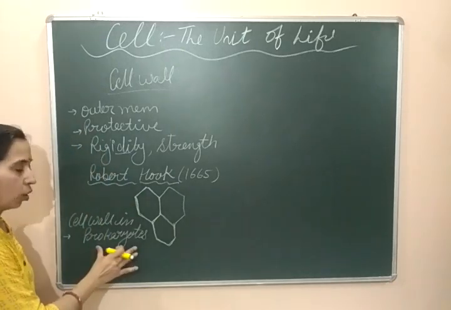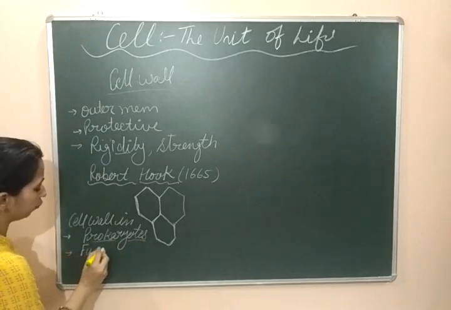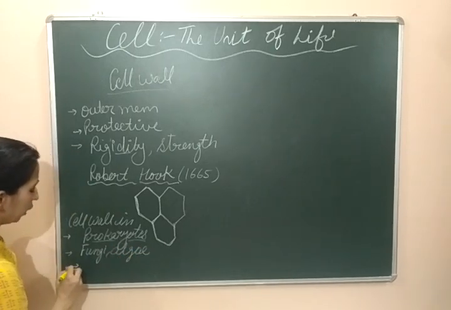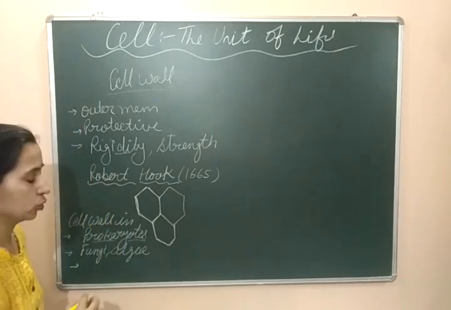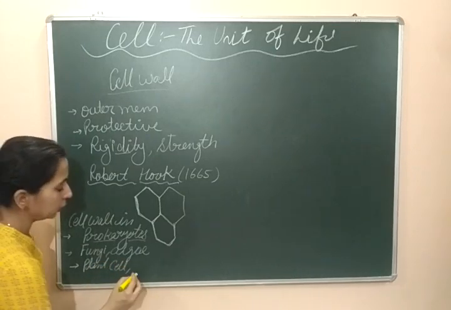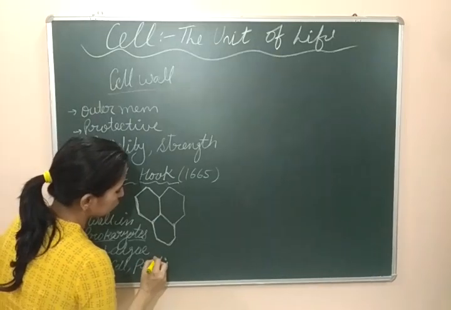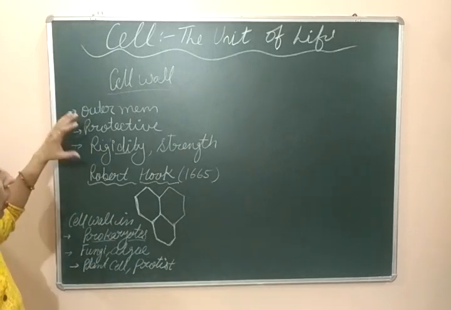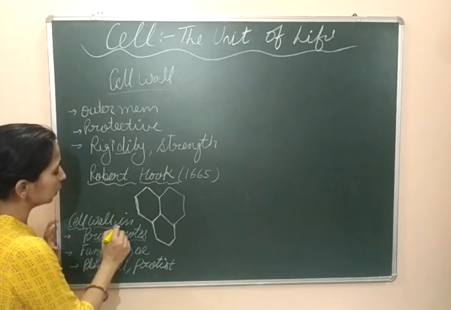Except mycoplasma, all prokaryotes contain cell wall, and cell wall is present in fungi, and in the case of algae also. In the case of eukaryotic cells, only plant cells contain cell wall, and some protists also contain cell wall as their outer membrane. So this is about some features, some functions of the cell wall, then discovery, and then where the cell wall is found.